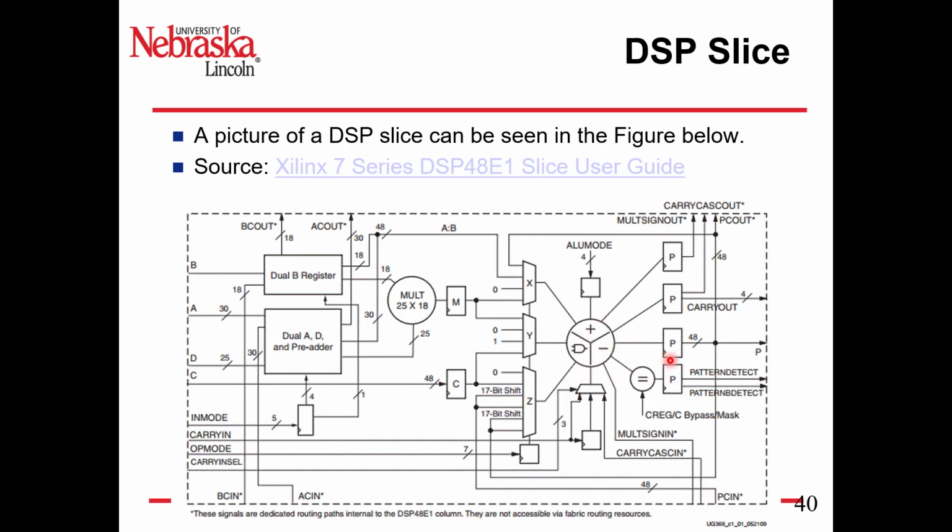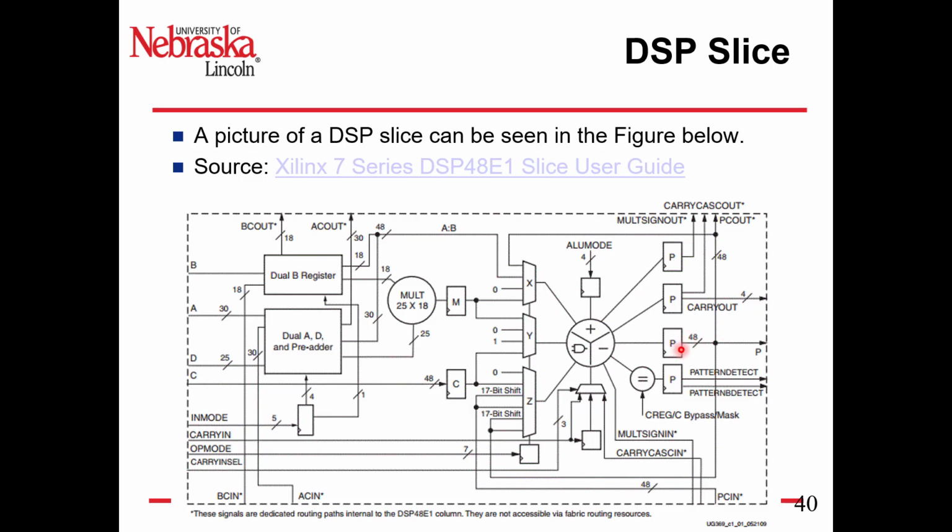Lots of different functionality, and that's all in the user's guide as well. There's a complete user's guide on the Xilinx 7 series DSP slices and how we can use those. So that concludes today's lecture.